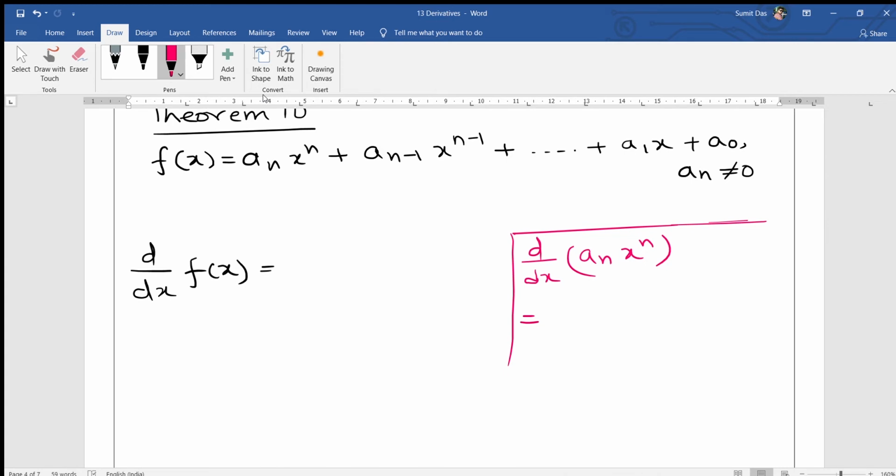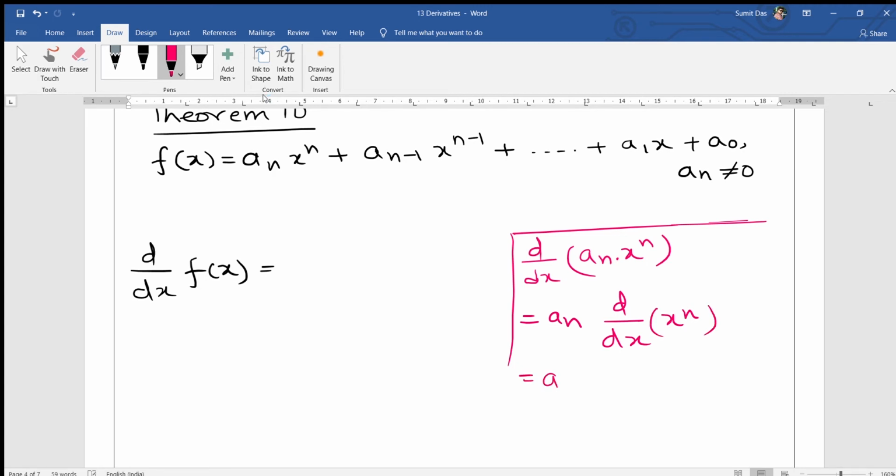Otherwise, suppose y is multiplied, then y will be a constant. Anything except x will be a constant. So a_n is a constant and will come outside, and we get d/dx of x to the power n.